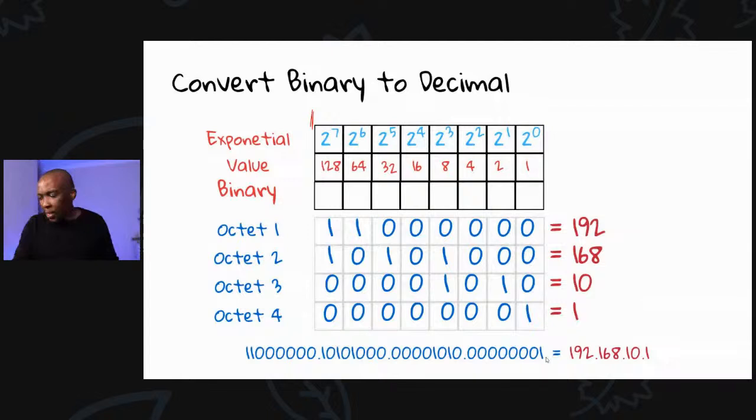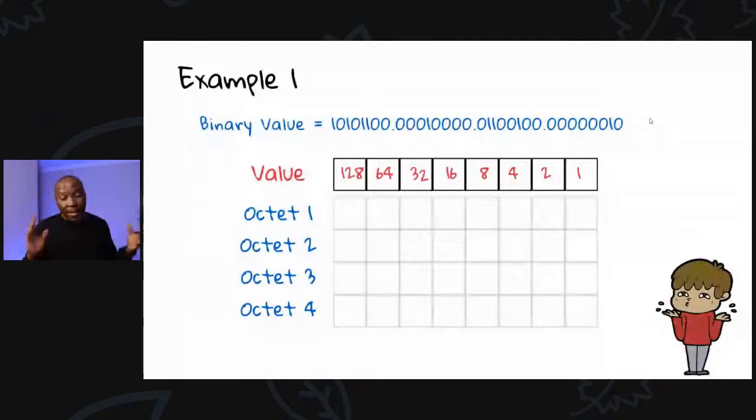Okay, so we have converted. Let us look at example number 1. We need to convert, and I said earlier on, the first step is rewriting this in our octet format.